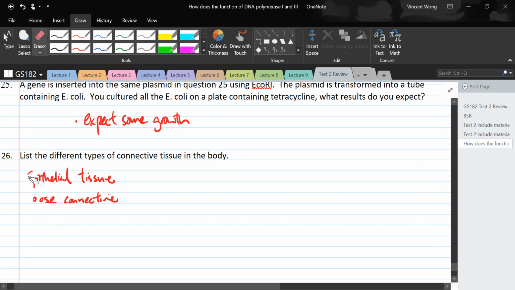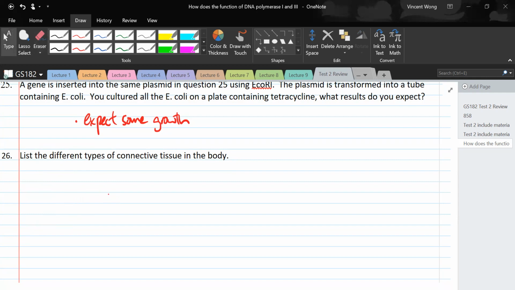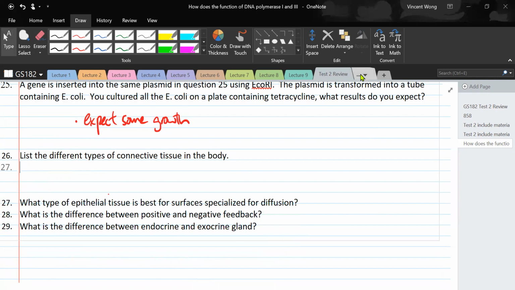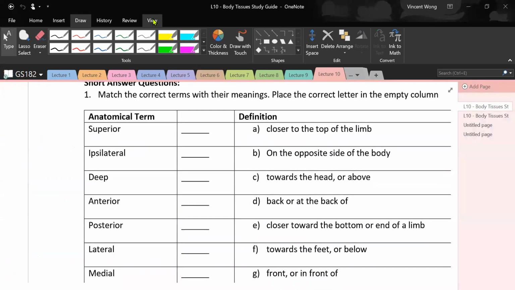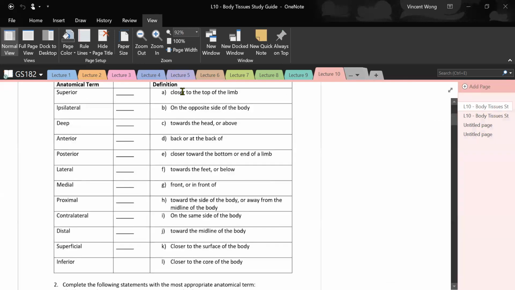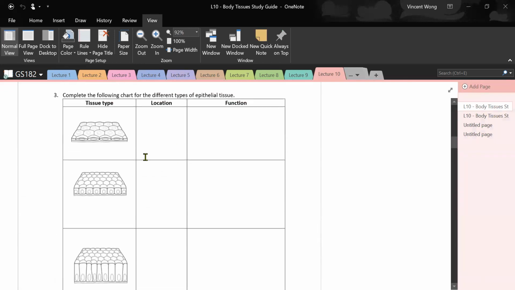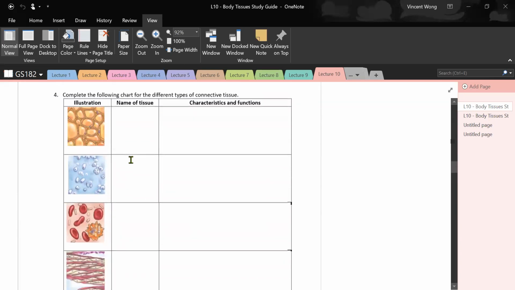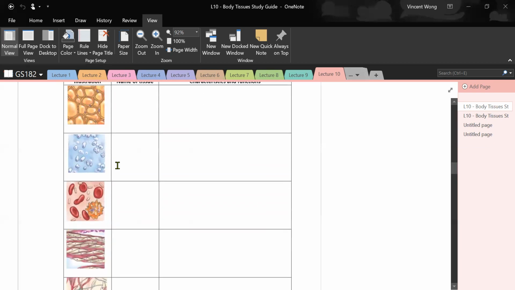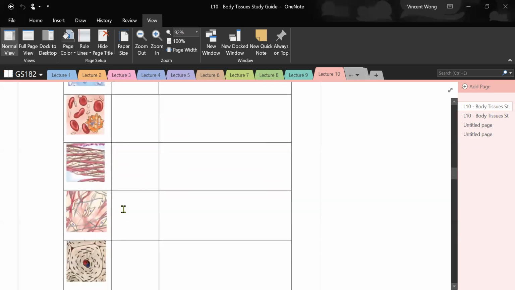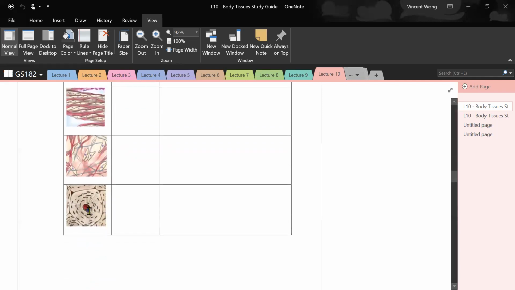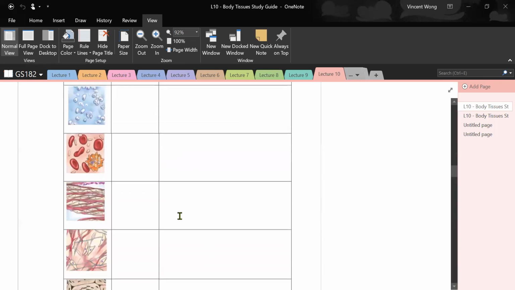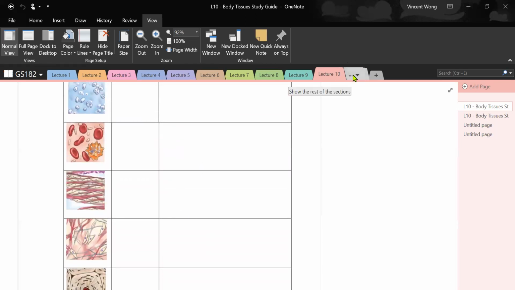Maybe I'll just show you where to find it because I don't want to relist all of them here. I posted the answer in the study guide, but here it is. There's a table for it. These are all the epithelial tissues, and then these are the different kinds of connective tissues: adipose tissue, cartilage, blood, loose connective, dense connective, bones. So make sure you have this chart filled out, and you can use it as a reference on the test.